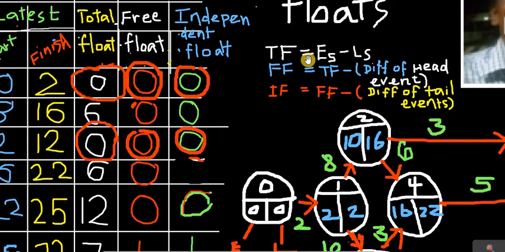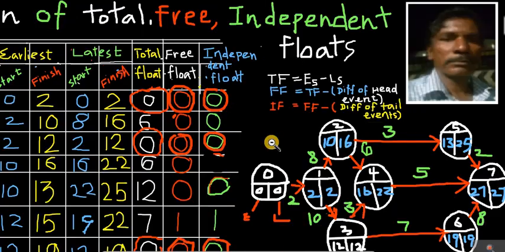The total float is equal to the difference between the start of the earliest and the start of the latest. The picture is not coming here, so I have to minimize it so that you can see. Look at this here. Total float equals the start of the earliest time minus the start of the latest time, or the finish of the earliest time minus the finish of the latest time.